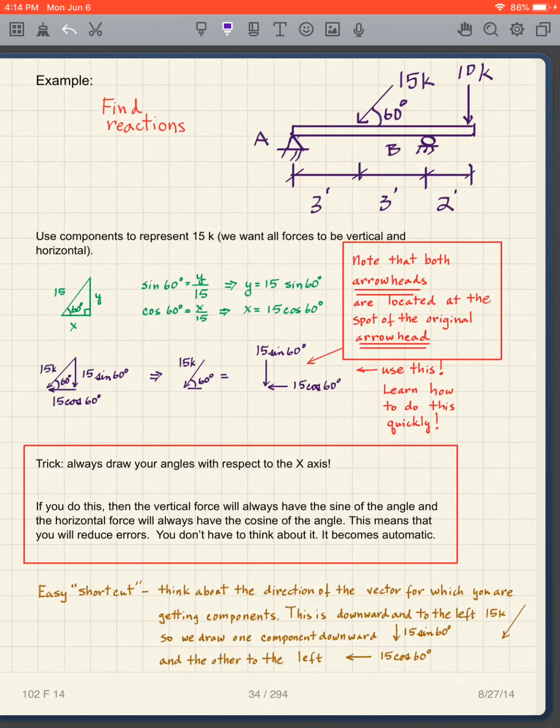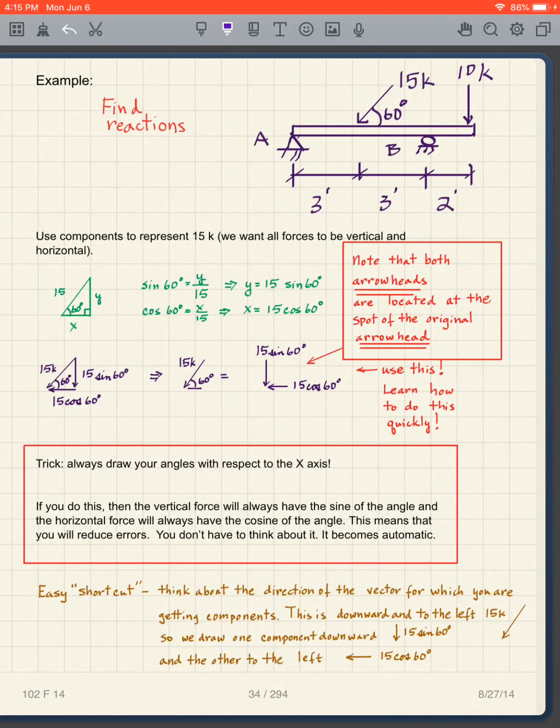So now, in terms of the equivalent forces, because of this relationship, we get that this 15 kips at an angle of 60 degrees is exactly the same as 15 sine 60 in the vertical direction and 15 cosine 60 in the horizontal direction.